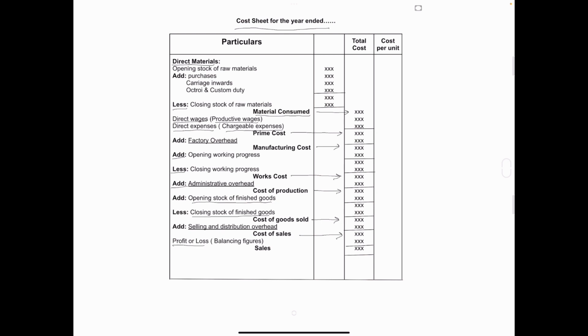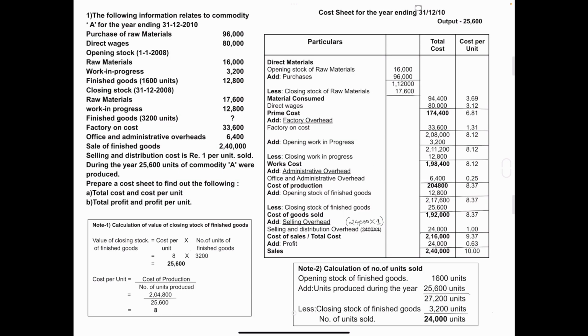In that we have to add profit, and the final amount is called sales. We will solve problem on cost sheet. Here question number 1. The following information relates to commodity A for the year ending 31st December 2010.